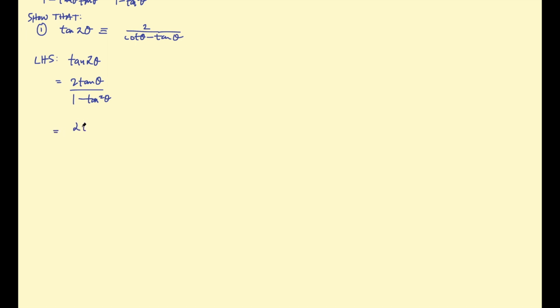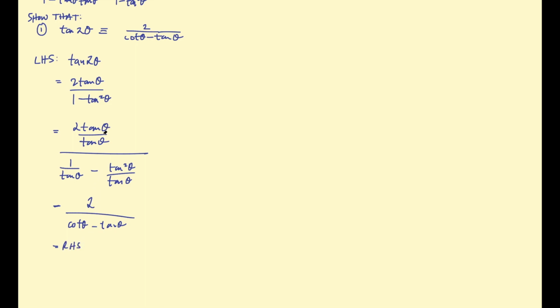So this will be 2 tan theta divided by tan theta in the numerator, and in the denominator this will be 1 on tan theta take tan squared theta on tan theta. And then in the numerator, we're just left with 2. 1 on tan theta is cotangent theta, and tan squared theta on tan theta is tan theta. And there we have the right hand side.